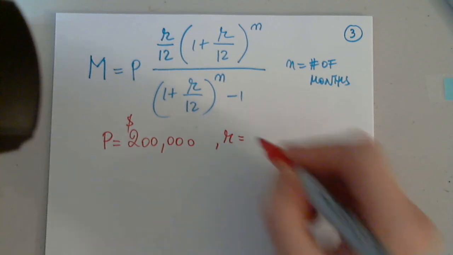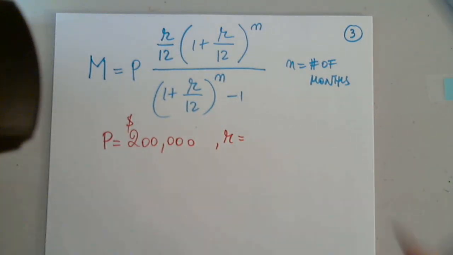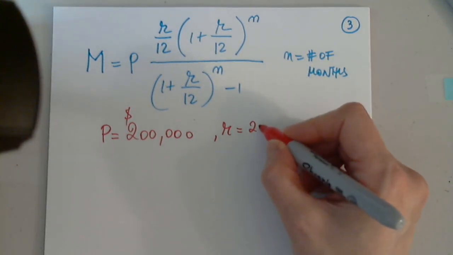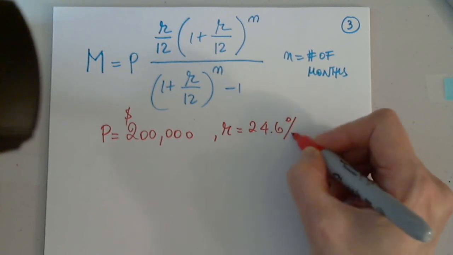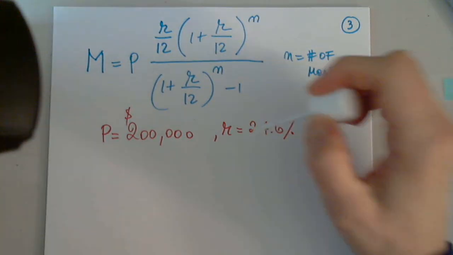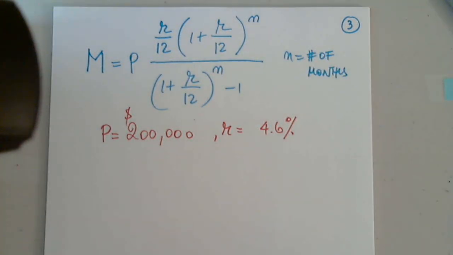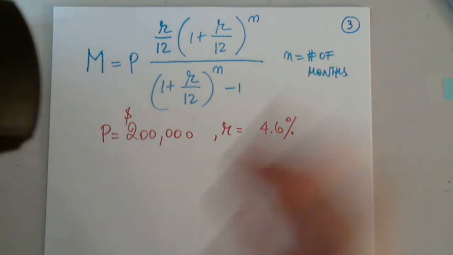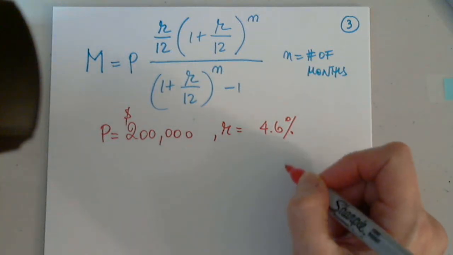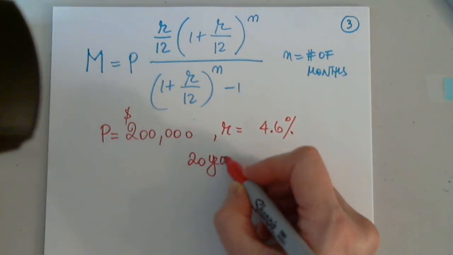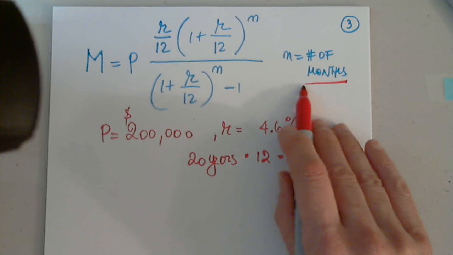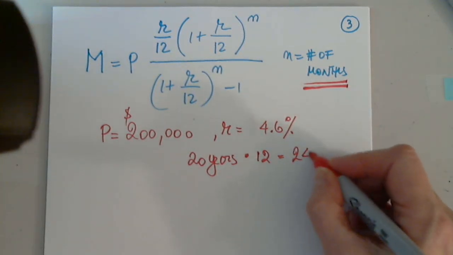What is the interest rate? The annual interest rate? They're quite low these days. 4.6. Okay, 4.6 is fine. Percent. Very good. No, not 24. I'm going to erase that. Good. And in how many years do you want to pay back this mortgage? 20 years. Okay, so 20 years multiplied by 12 months, because it has to be in months, right? So this is 240 months.